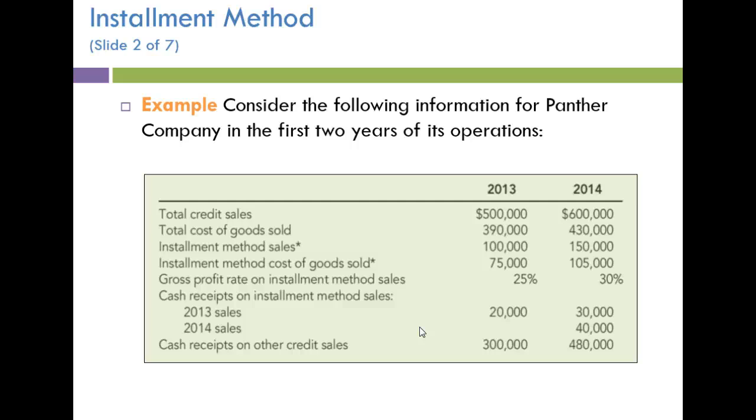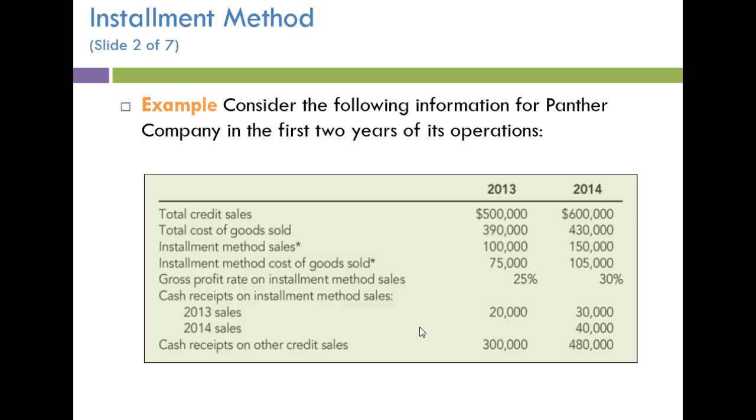They divide that difference to figure out what the gross profit rate is on the installment sale. So when they receive money in, 25% of the money they receive in is going to be income or profit for 2013. And in 2014, 30% of that money they get in is going to be profit.